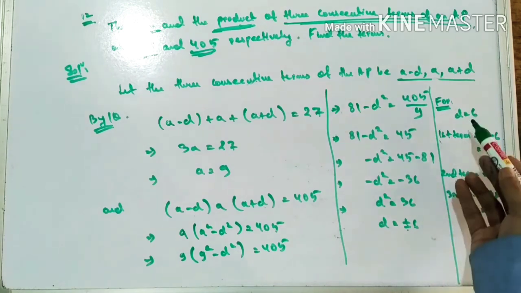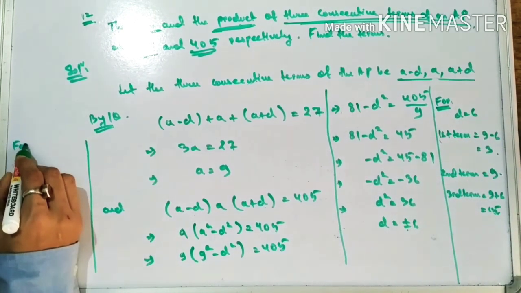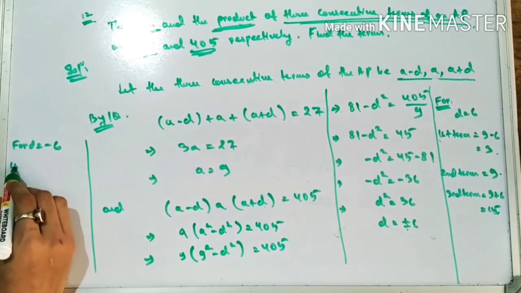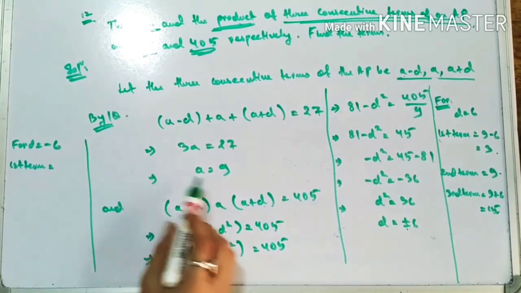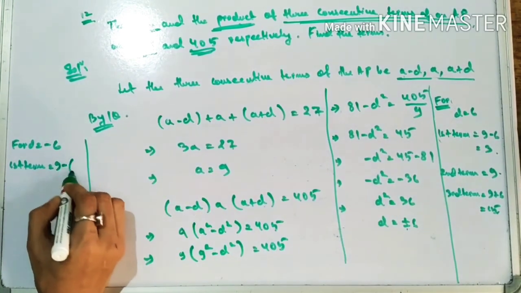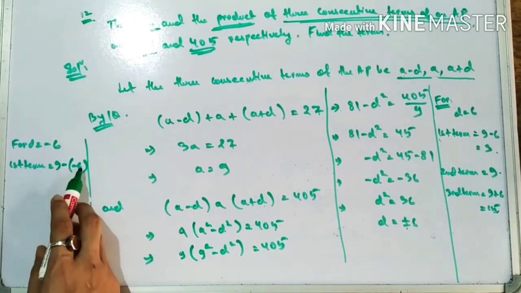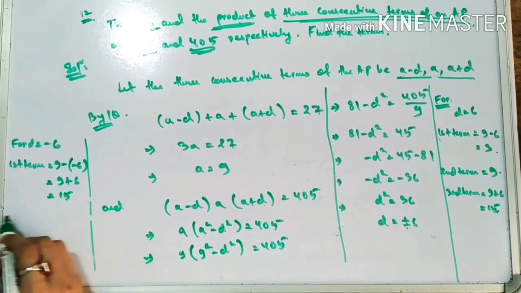And next I will take d is equals to minus 6. Okay, for d is equals to minus 6, then what will become? First term, it will become a minus d, yes or no? A is 9, so 9 minus 6. Yes, 9 minus 6, because d is minus 6 here. So this will be ultimately 9 plus 6 is equals to 15.